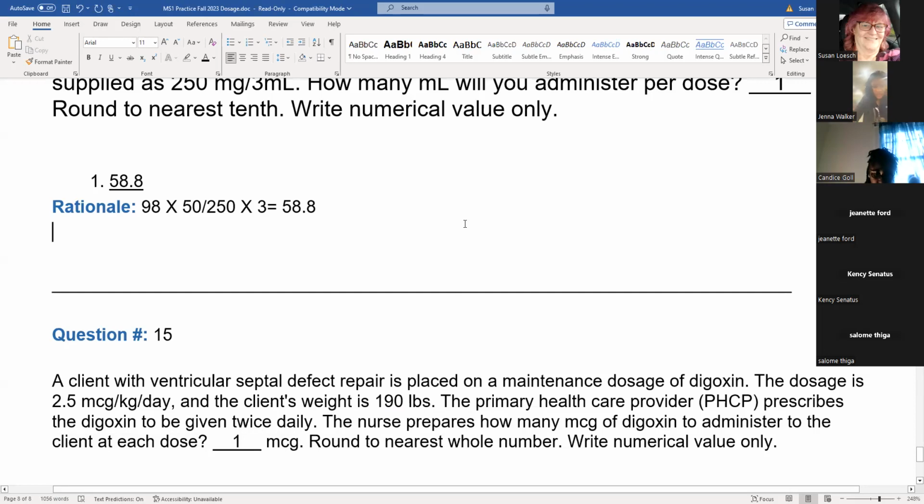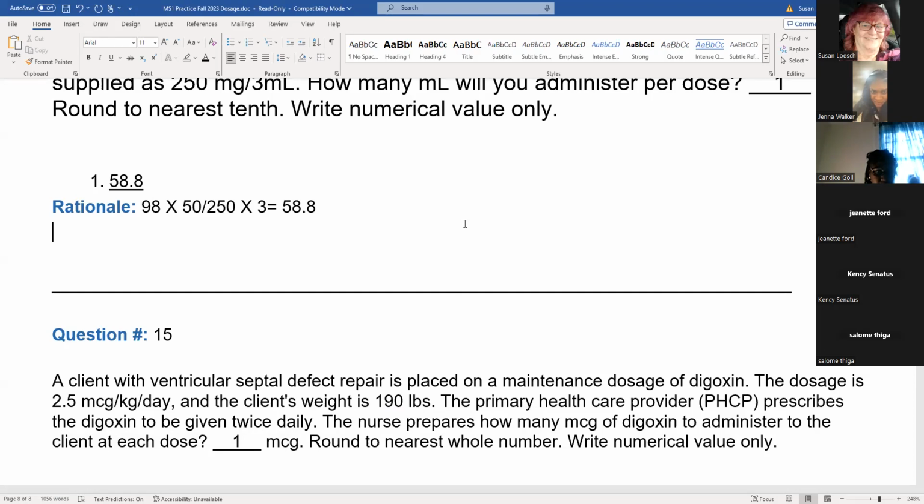What's the formula? Desired over half. Right, that should be automatic as soon as you hear that word. Okay, you have what you have on hand. What is it? Actually, you don't even need what you have on hand here, right? For this one. So go back and look at the question again.